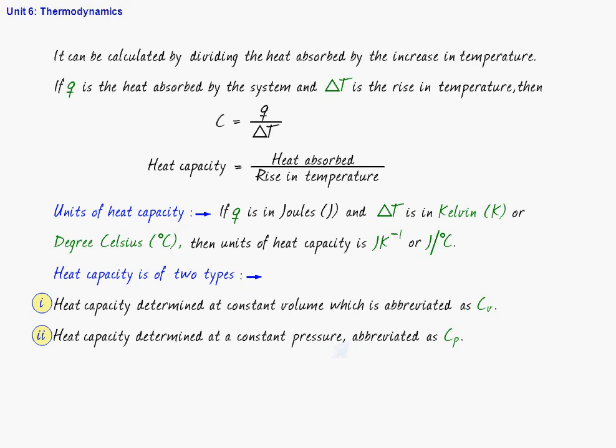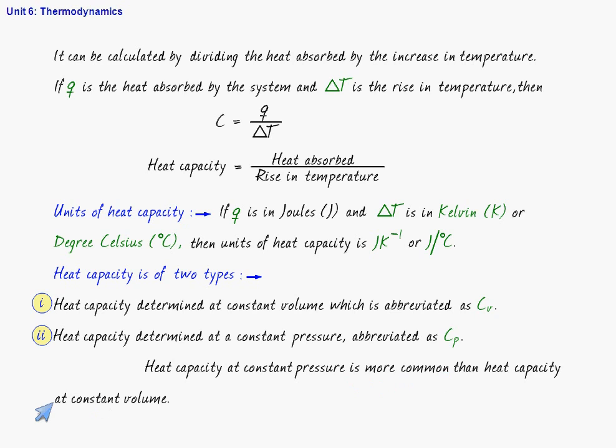So there are two types of heat capacity: measured at constant volume and measured at constant pressure. Now, how are these two different? Heat capacity at constant pressure is more common than the heat capacity at constant volume. Why? Because whatever we do is in the open, that is at a constant pressure of 1 atmospheric pressure.